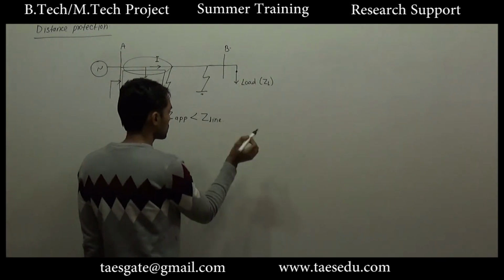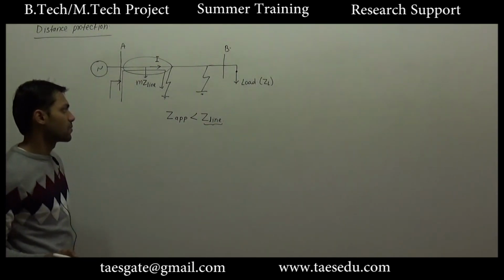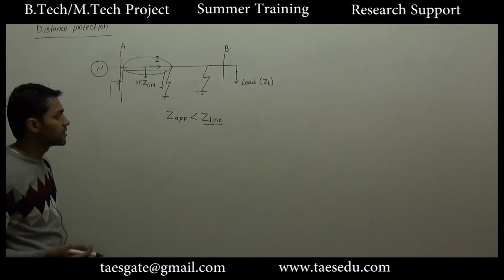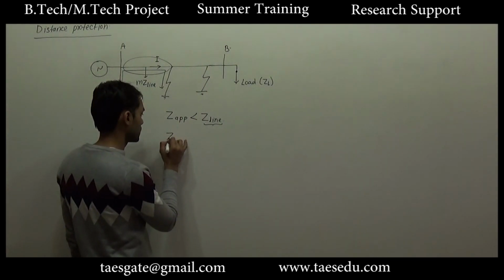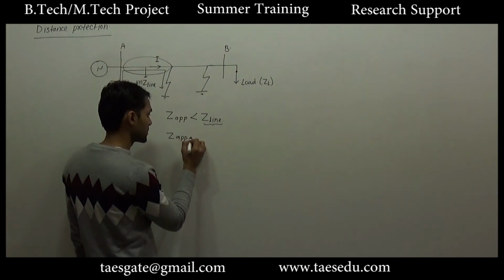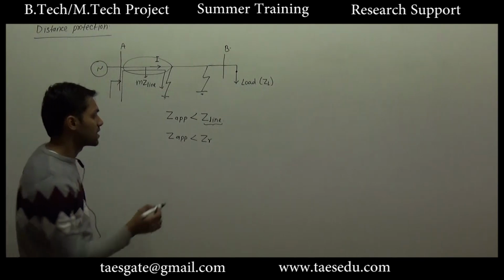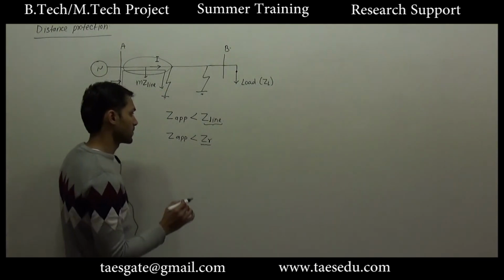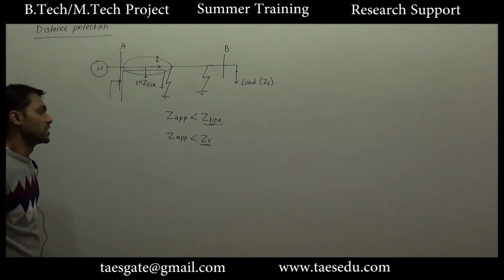Or, it is not necessary that the apparent impedance is always compared with the total line impedance. Instead, Z apparent is compared with the reference impedance, and this reference impedance can be chosen independently.